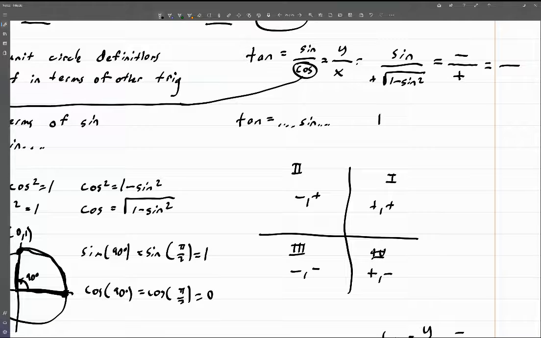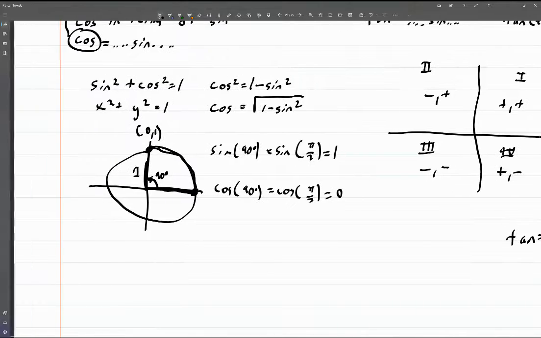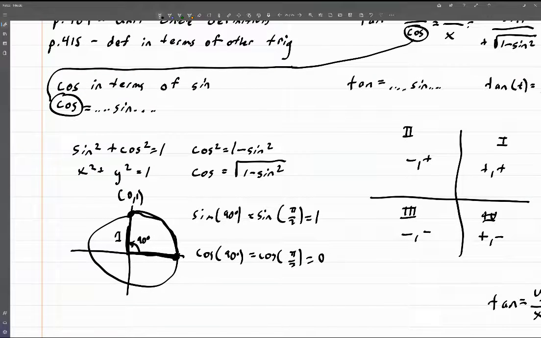So for our final answer here, tangent of t equals sine of t over the square root of 1 minus sine squared of t. And I'll also note we actually did another example of writing a trig function in terms of another trig function within this problem, right?